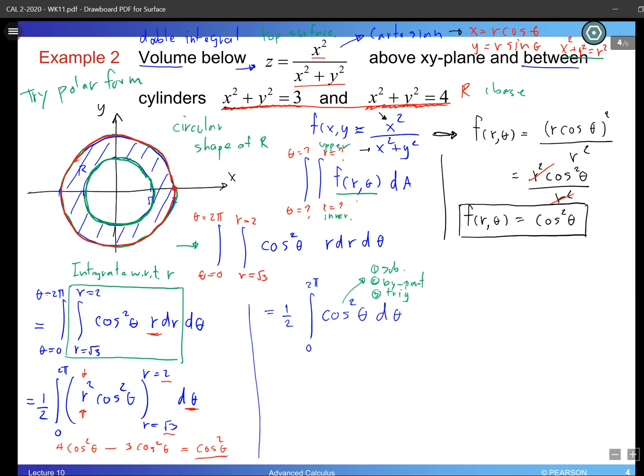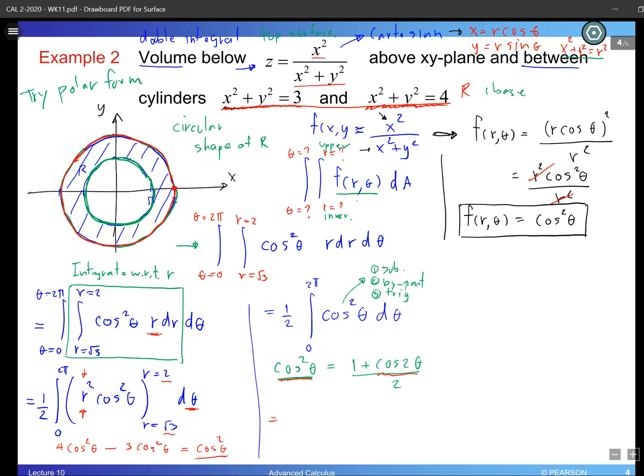So I think about this relationship between cosine 2 theta and cosine theta squared, and it goes like this: cosine theta squared equals 1 plus cosine 2 theta over 2. So I don't like this kind of term in my integration, so I prefer something like this. So I'm going to put this back into the integration.